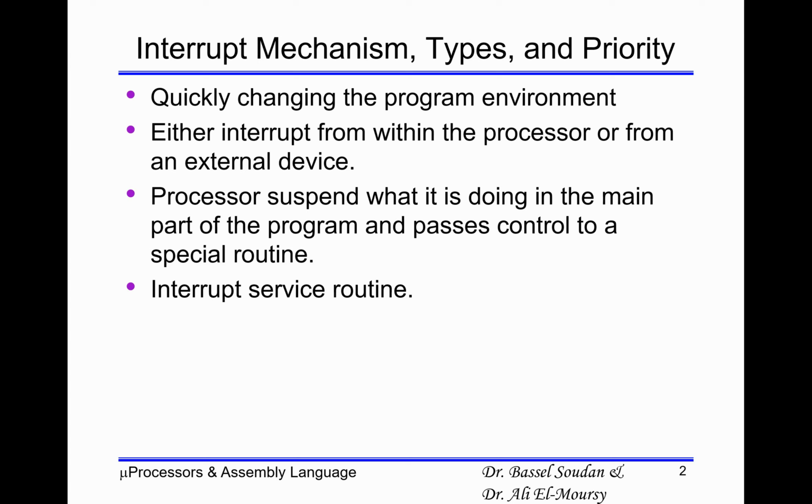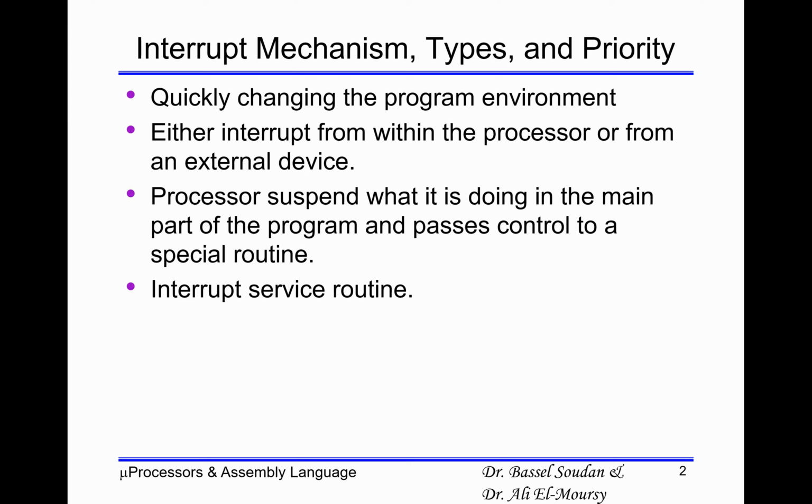So the microprocessor automatically goes through its conventional cycle of fetch, decode, execute for the instructions of one single program until the program finishes, or until some interrupt comes to order the microprocessor, hey, stop what you are doing or finish this program and go execute another program.